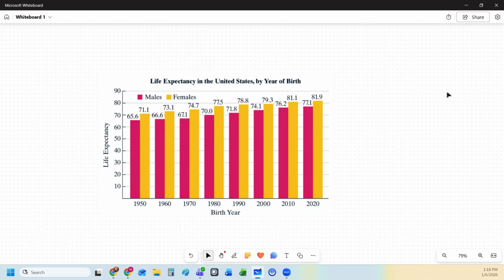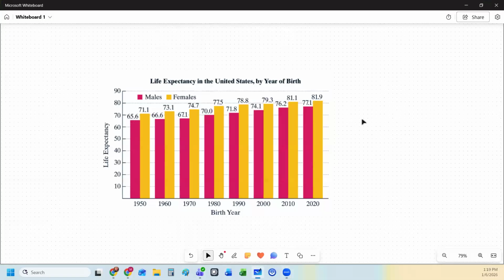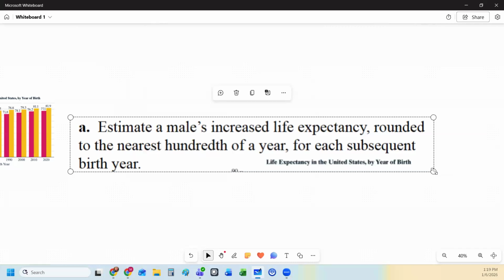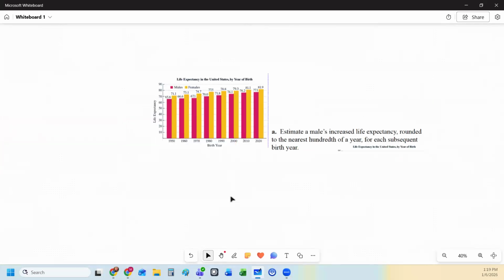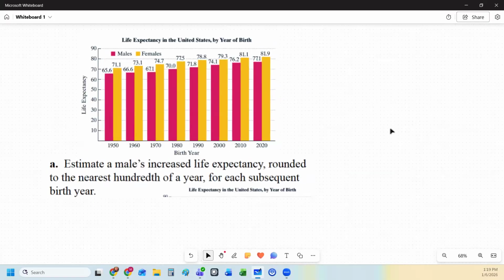We can estimate a male's increased life expectancy rounded to the nearest hundredth of a year for each subsequent birth year. We're looking at males, that's this red color. I'm going to take one value down at the very bottom and then the value at the very top.